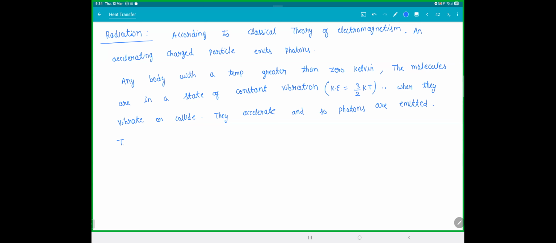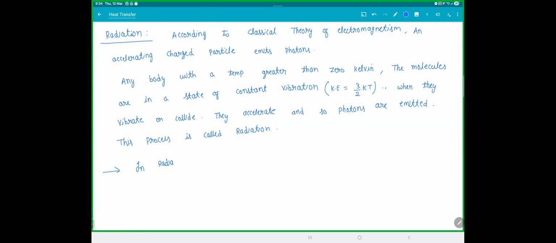So this phenomenon of emitting photons is called radiation. So in radiation, there is no transfer of material, and you don't require a medium to propagate.